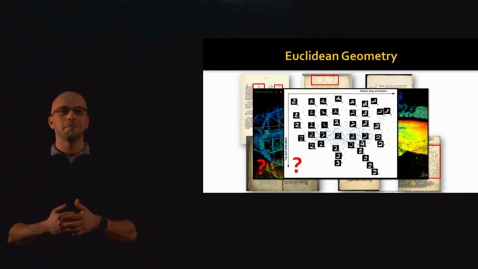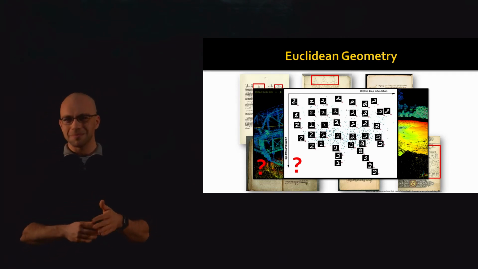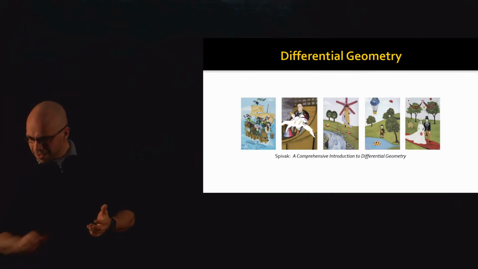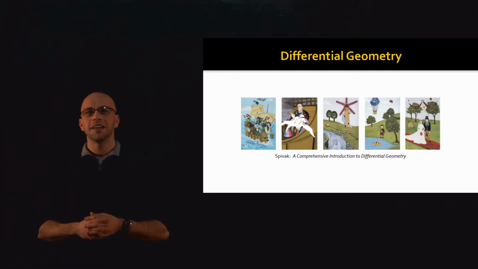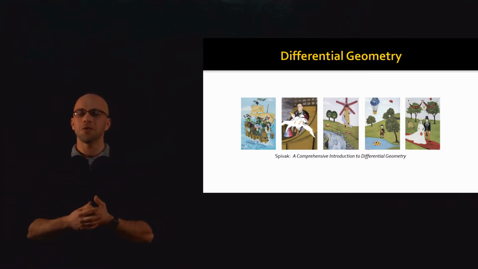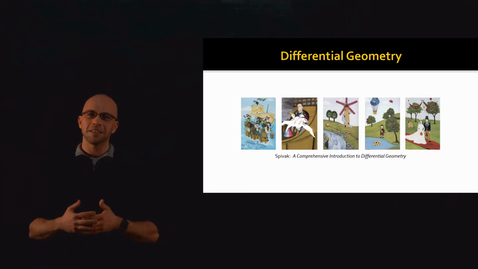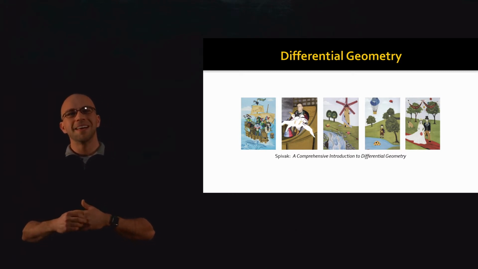One of the major developments in geometry, jumping forward many centuries from Euclidean geometry, is the development of an area called differential geometry. Now, differential geometry is all about how to apply tools from calculus to geometry problems. And I believe historically it appeared pretty shortly after the development of calculus, as one of the major applications in the mathematical domain.